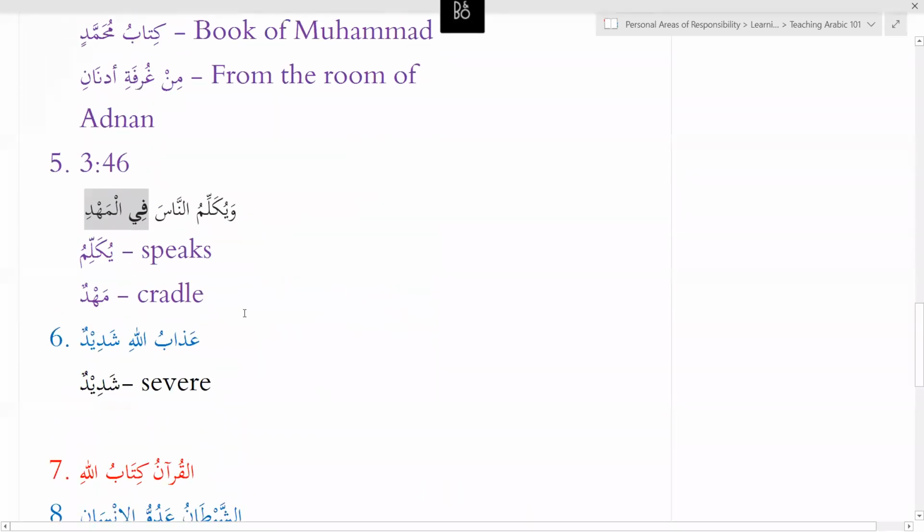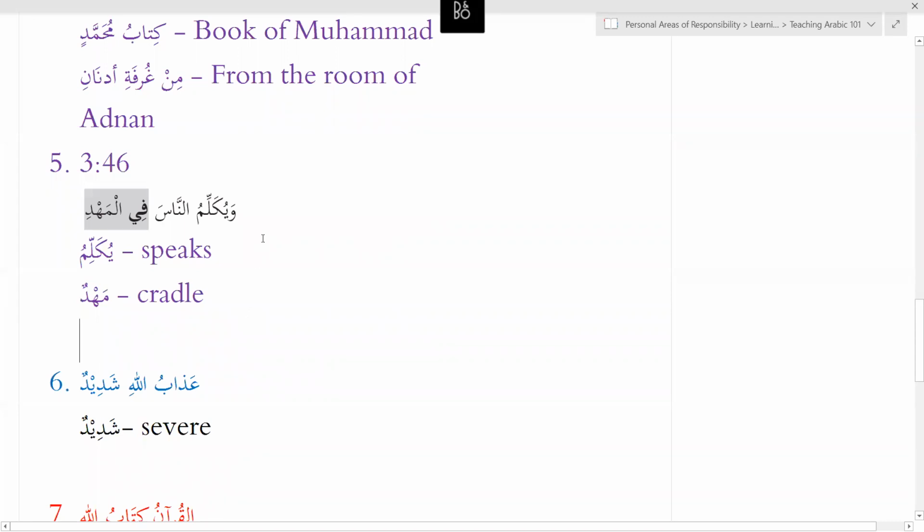Now, next question, Rahmat, in case your connection is good. وَيُكَلِّمُ النَّاسَ فِي الْمَهْدِ. Mahdun is cradle, the baby cradle where you rock the baby. This is Al Imran, surah number 3, verse number 46. What does this sentence mean?